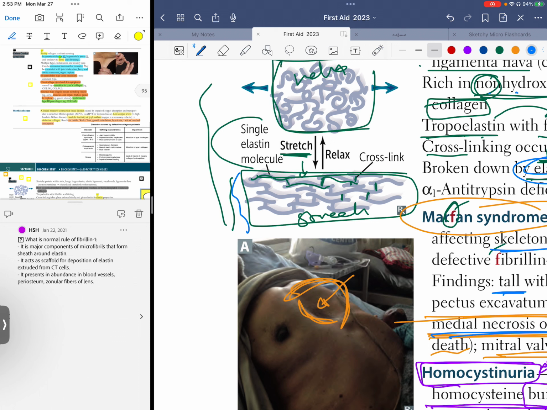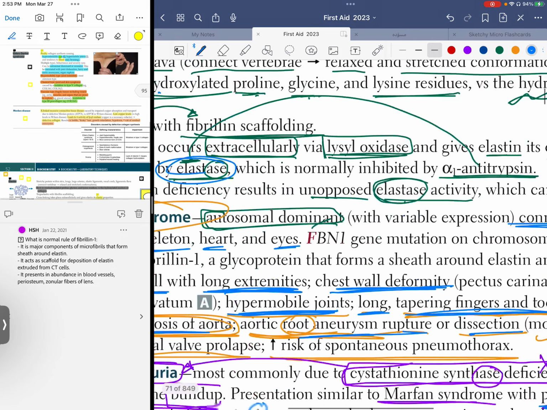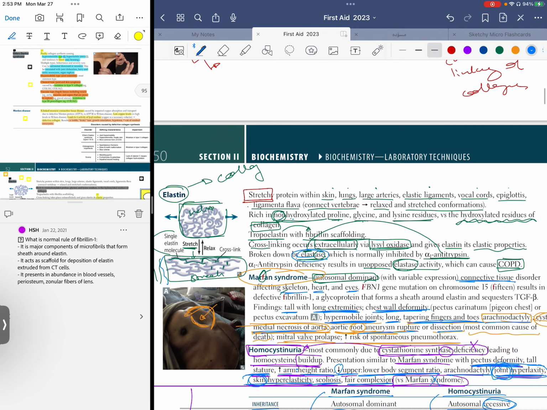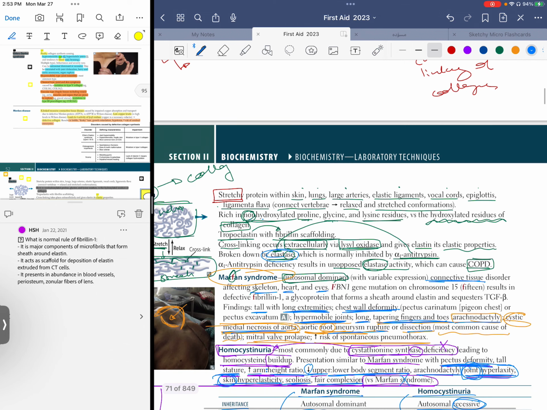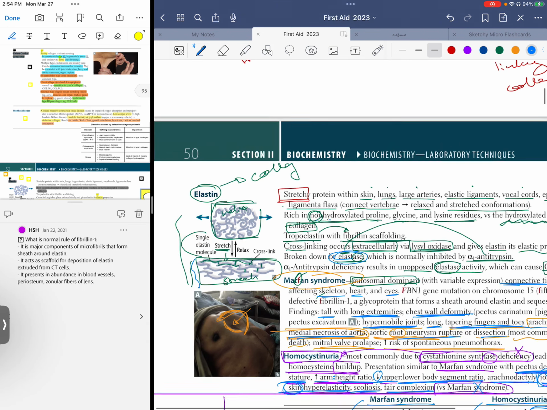What is the normal role of fibrillin 1? It is a major component of microfibrils that form a sheath around elastin. So let's see, does it say anything about fibrillin 1? Not really. Anyway, fibrillin 1 is a major component of the microfibrils, specifically the microfibrils that form the sheath around the elastin.